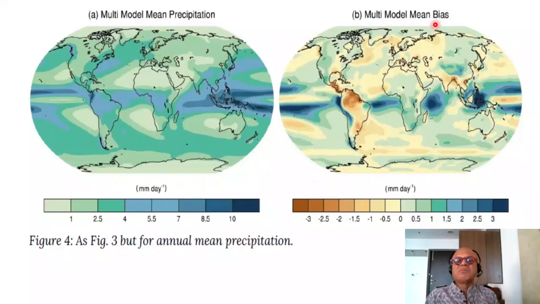If you look at the multi-model mean bias, that means you average many models and you take the difference with observations, and you can see that there is less rain in the ITCZ here, less rain in the ITCZ here. There is too much rain in this region which shouldn't be raining so much. There is too much rain here, there's too much rain here, too much rain here, and so on and so forth. So there are some biases that are known for a long time, and they have persisted for a long time.